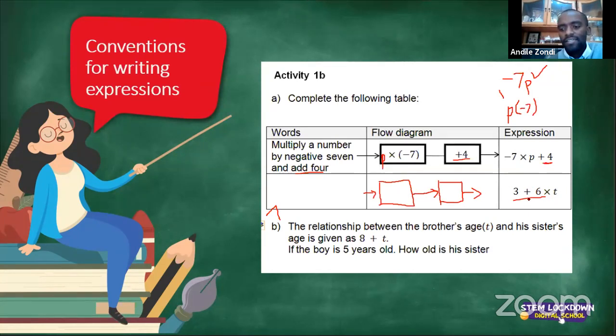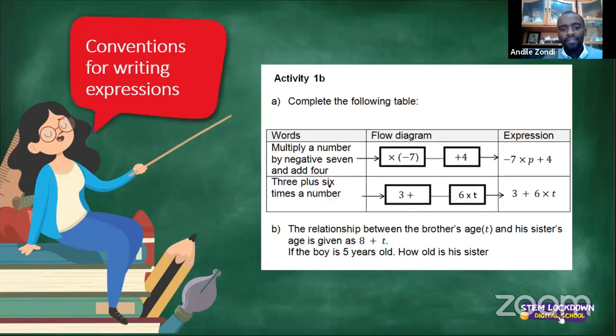Obviously, this is 3 plus 6 times the number, so your answer should have been 3 plus 6 times the number. In this case, the number is T. That is simple enough.